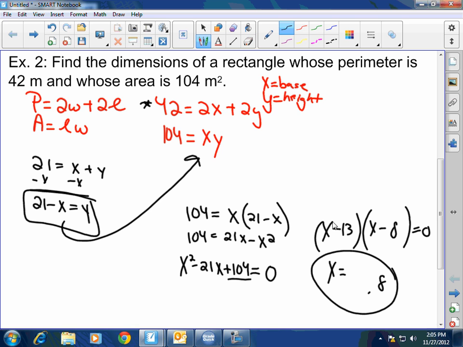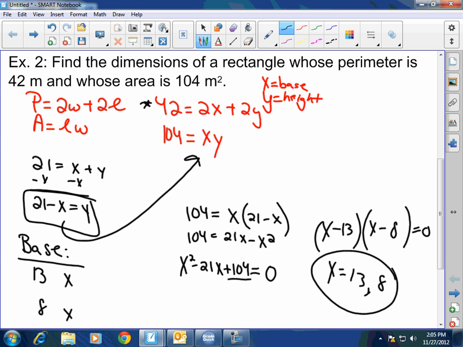I can have two different dimensions because there are different ways to create an area. We want to find all of the dimensions. When x is 13, which is our base, it could be 13 by something, or it could be 8 by something.